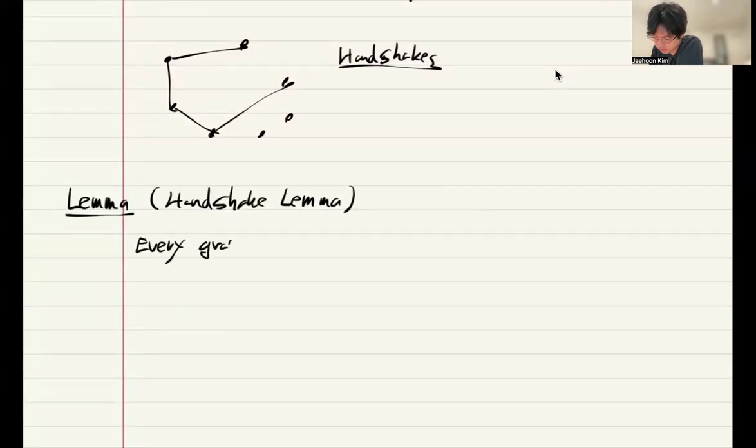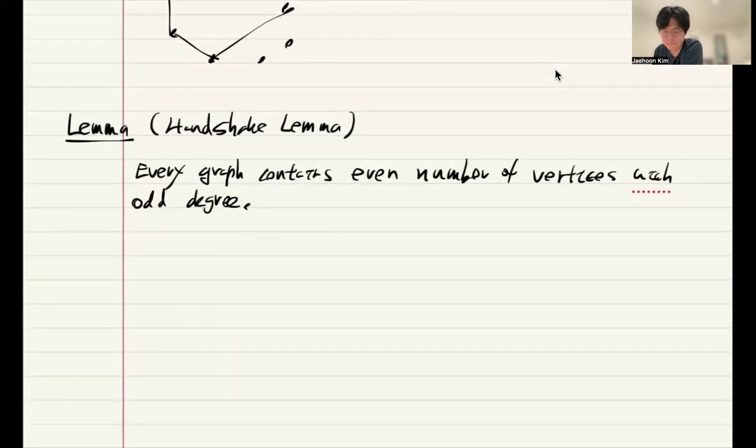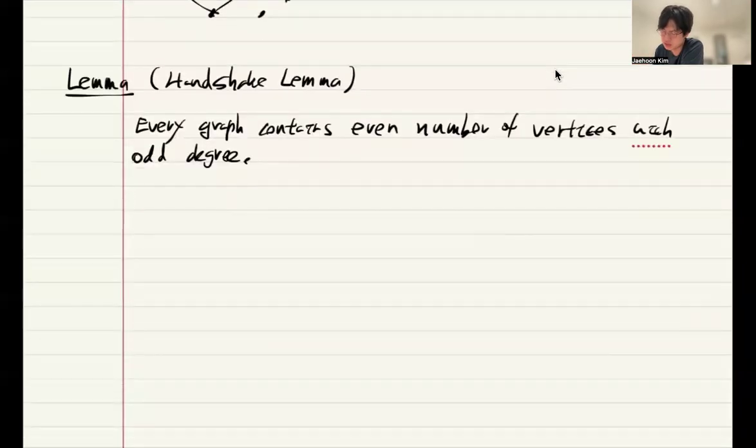Every graph contains an even number of vertices with odd degree. Here we would need 7 vertices with odd degree, and 3 is an odd number, so it's impossible.